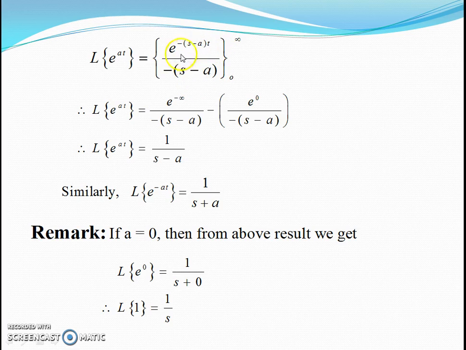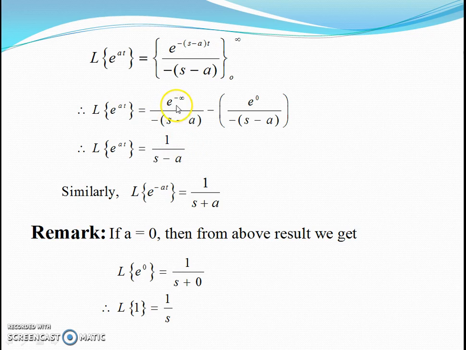Put the limits of t in the right hand side, we get e raised to minus infinity upon minus (s minus a), then minus, when we put lower limit t equal to 0, we get e raised to 0 upon minus (s minus a).